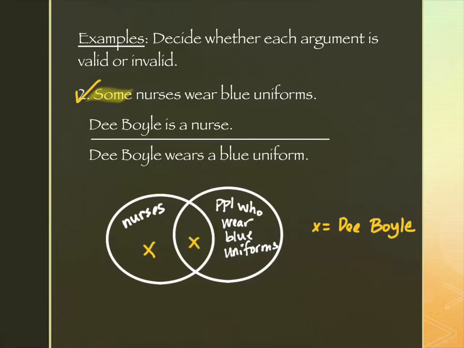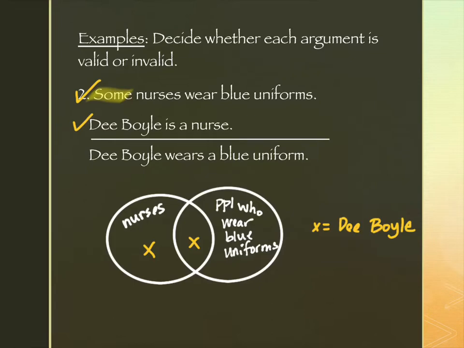So D. Boyle could be in either of those locations because all we know about D is that she's a nurse. And both of those areas of my diagram are nurses. Okay, she can't be over here, according to the information I'm given. She's not in this side with the uniform people, just the blue uniform parts. So we have taken care of the possible locations for D.